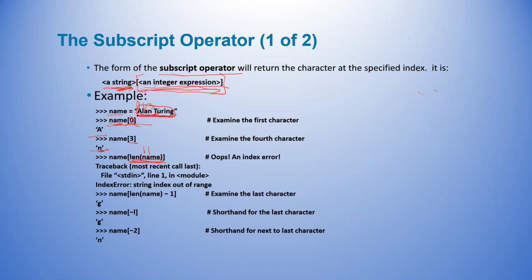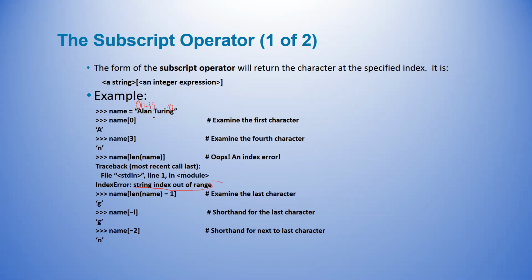But if you look at this subscript, the first one is 0, 1, 2, 3, 4, 5, 6, 7, 8, 9. This last one would be 10. So when you do this, it will not compile. It will say index error, string index out of range.